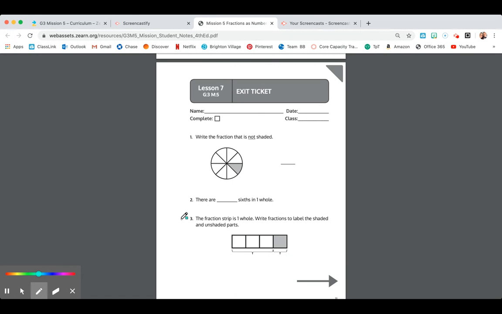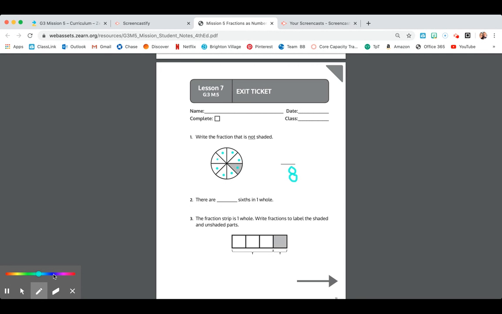So I need to look at how many equal pieces there are in total first. 1, 2, 3, 4, 5, 6, 7, 8. There are 8 equal pieces, so I know my denominator must be 8.